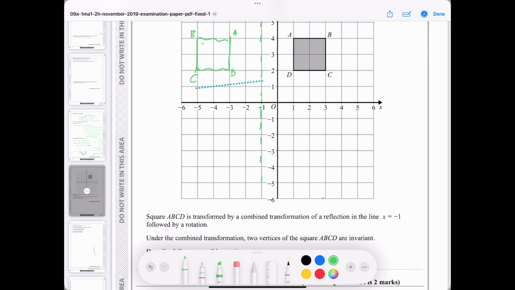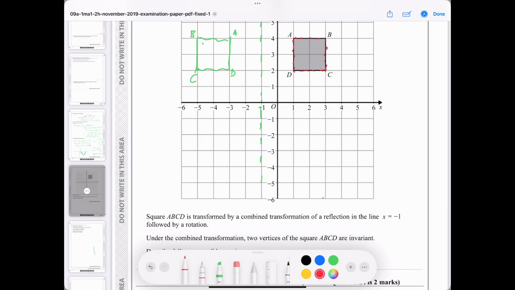Okay, now we need to do a rotation, which I'm not sure I can do very easily, but this will be under a combined transformation, 2 vertices of the square ABCD are invariant. So it means that you need to get it to there, or there, or there, or there, using a rotation.